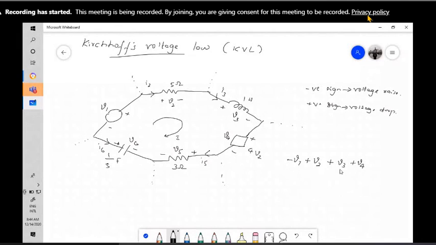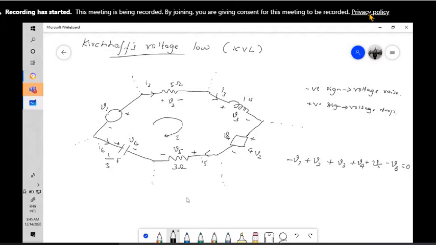Again across the 3 ohm resistance there is a voltage drop, I will write it as plus V5. And then across this capacitance, if you go along this direction, there is a voltage rise, so minus to plus, therefore I will write it as minus V6. So this is equal to 0. So the algebraic sum of voltage drops in a loop is equal to 0. So that is Kirchhoff's voltage law.